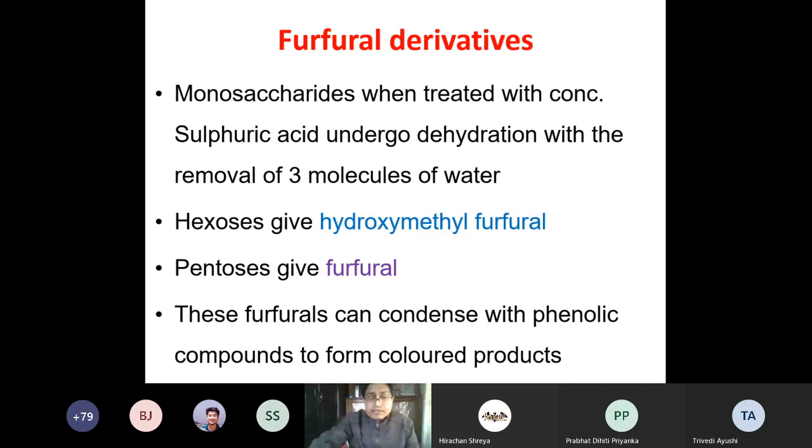And these furfurals condense with phenolic compounds to form colored products. That is why this property is exploited to form the general test for carbohydrates. The general test for carbohydrates is the Molisch test, and in the Molisch test, this property is used.